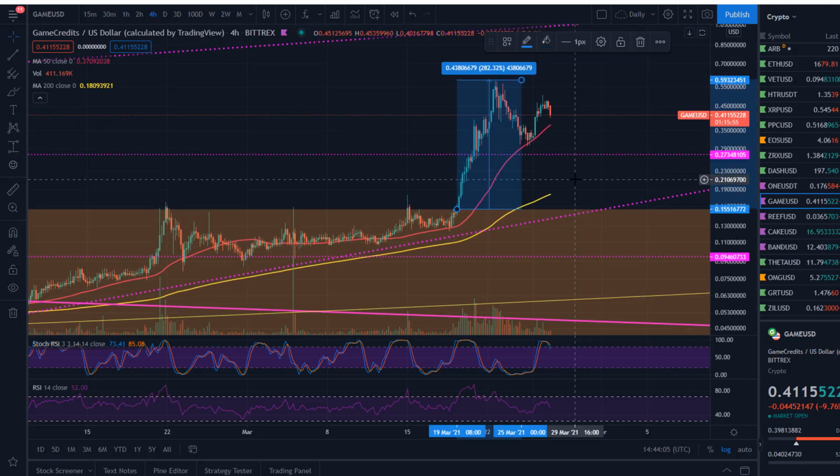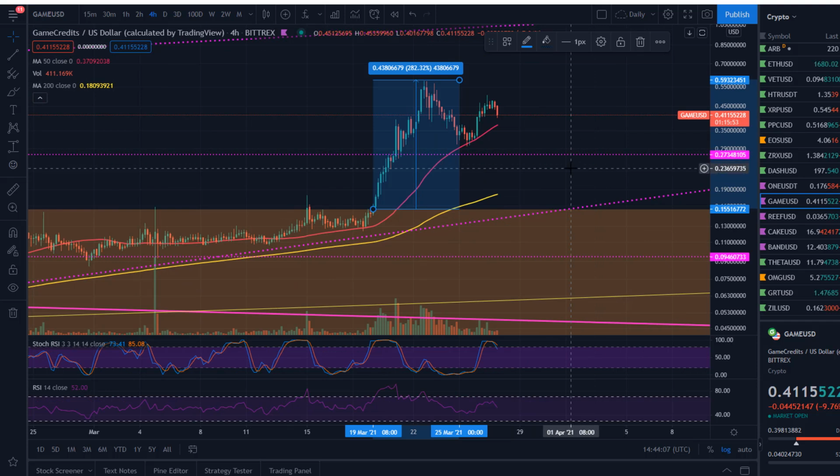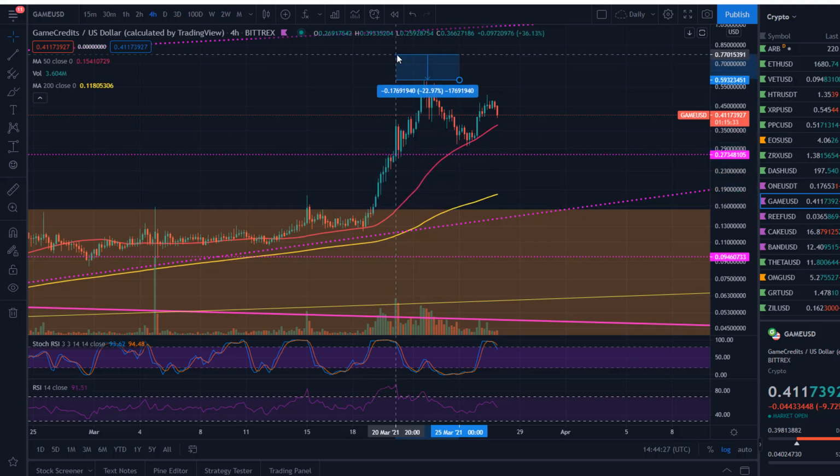It offered us 282%. Now, you're probably being a little bit ignorant to markets in general if you don't think that something is going to pull back after running 280% pretty much in a straight line. So when things run that hard, they're always going to correct, right?